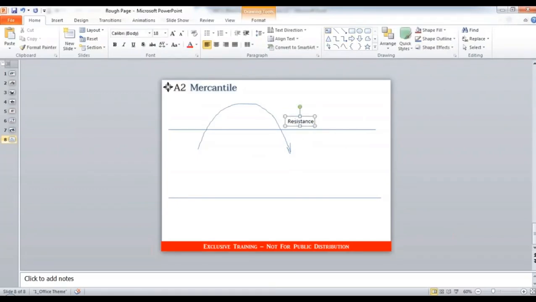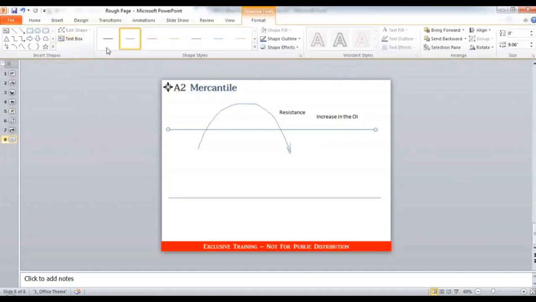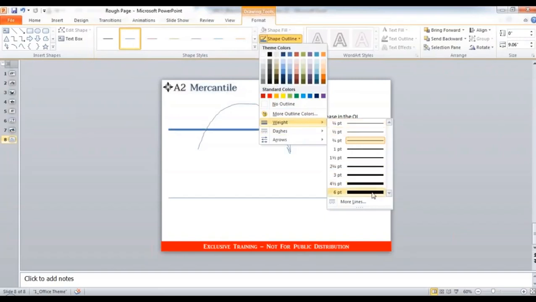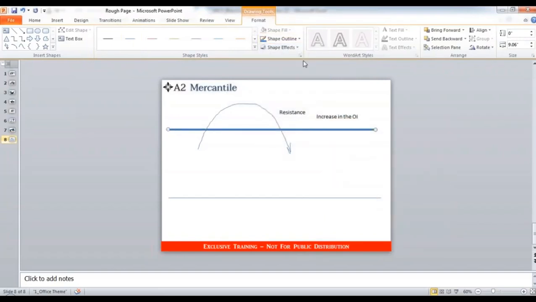Now, if this resistance formation is supported by an increase in open interest, then you can consider this to be a strong resistance. Correct? Okay, so this resistance gets stronger.